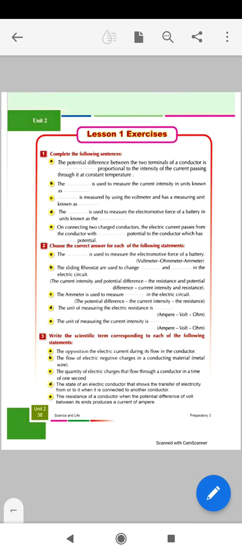C is measured by using a voltmeter and has a measuring unit known as volt. Measuring by voltmeter is the potential difference and the measuring unit is volt.